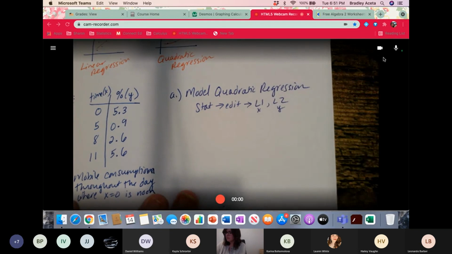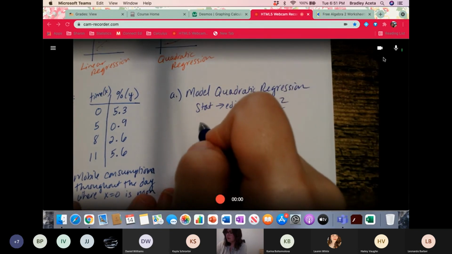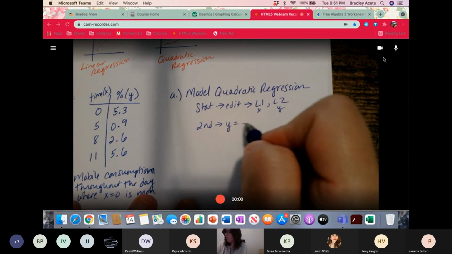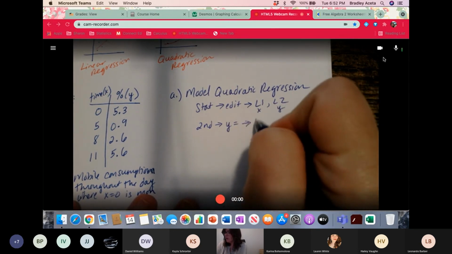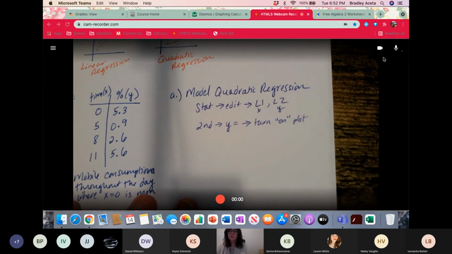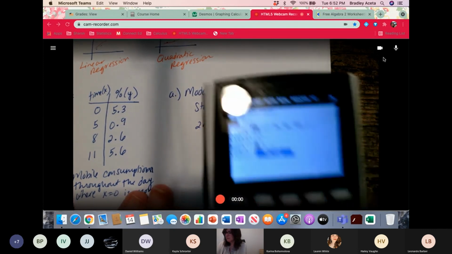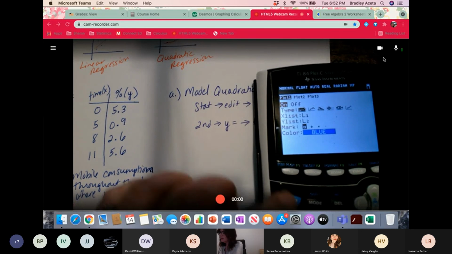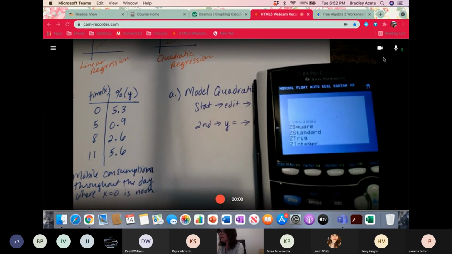So the second thing you want to do is go to second Y equals, turn on your plot. And then to graph it, you hit zoom 9.